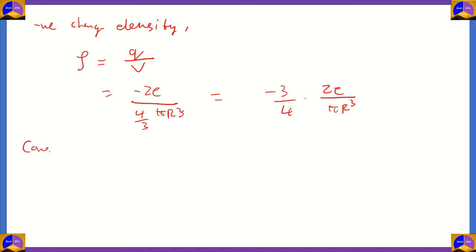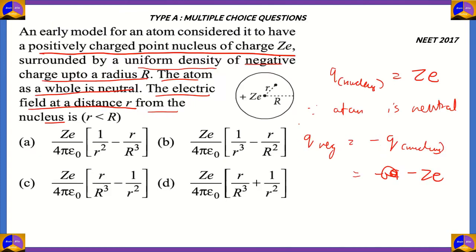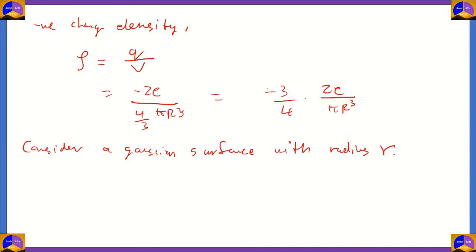So what we do is we consider a Gaussian surface with radius small r, because that's what we need to find out. So we just take a Gaussian surface like this with the radius small r, and we apply Gauss theorem.